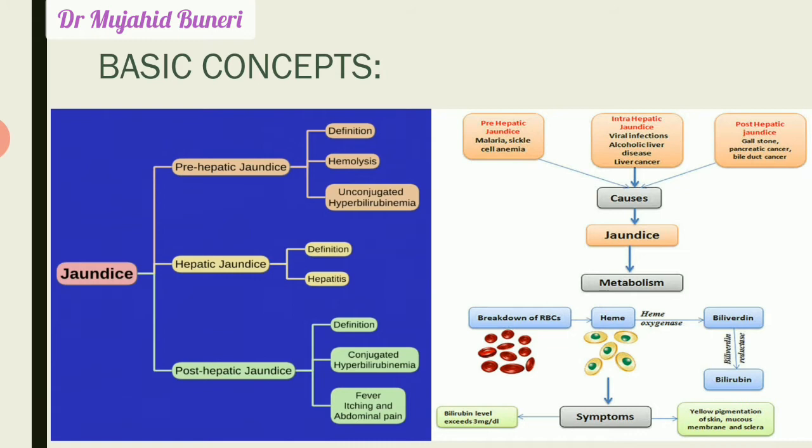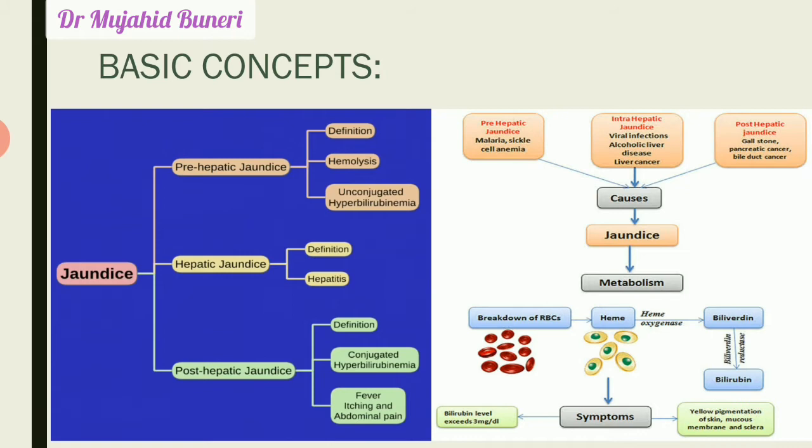It is the heme part of hemoglobin which breaks down into iron and unconjugated bilirubin. Unconjugated bilirubin is water insoluble. This unconjugated bilirubin comes to the blood and gets attached to albumin.